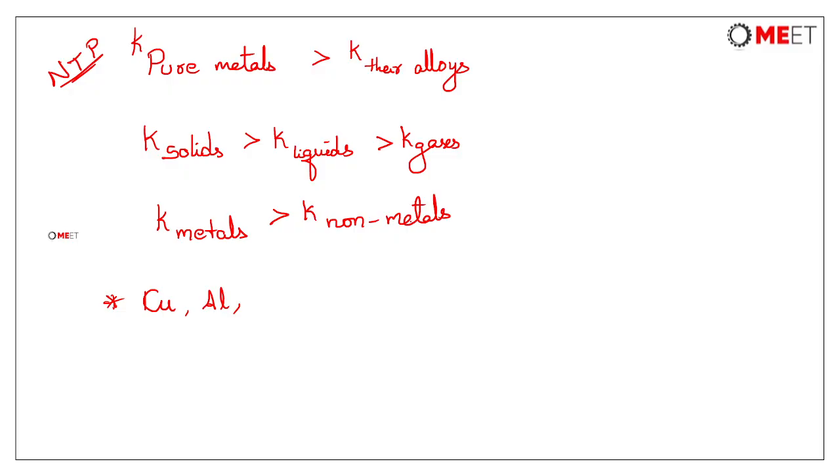Thermal conductivity decreases with increase in impurities. And when some materials are heated, that means if they are undergoing heat treatment or mechanically processed or formed, then the thermal conductivity of the material varies considerably. Try to remember this point very carefully.